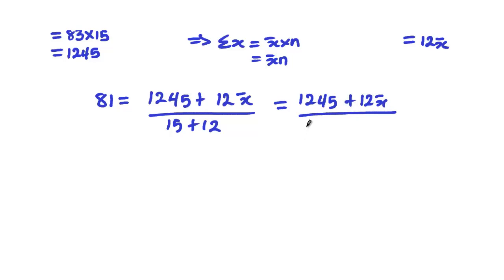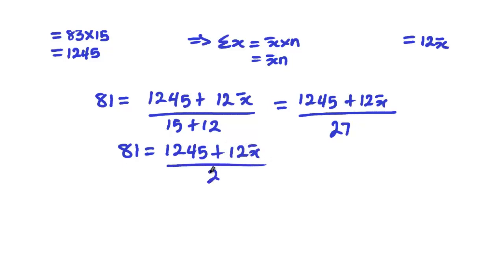That will give us 27. So we have 81 equals 1245 plus 12 x bar over 27, and what we are looking for is x bar for the girls.